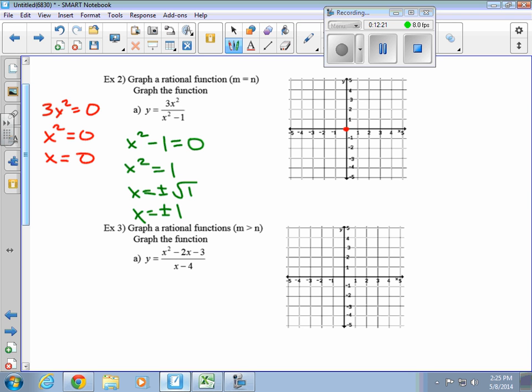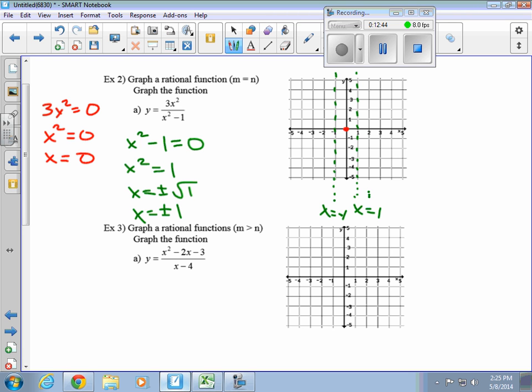So how many vertical asymptotes will I have? 2. I'll have one at 1, and another one at negative 1. So I'm going to draw that on here. Right here, x equals 1, and x equals negative 1. Okay, so there are my 2 vertical asymptotes.